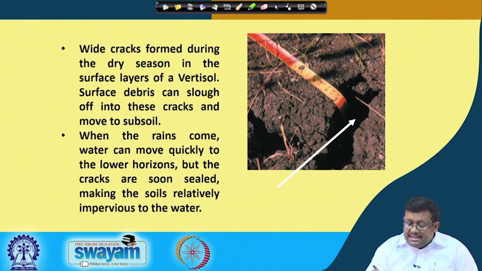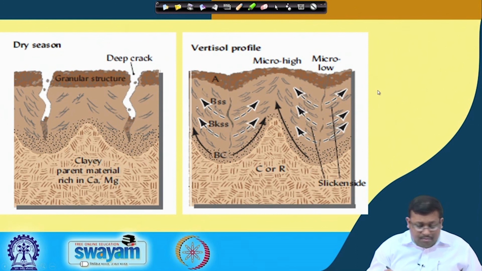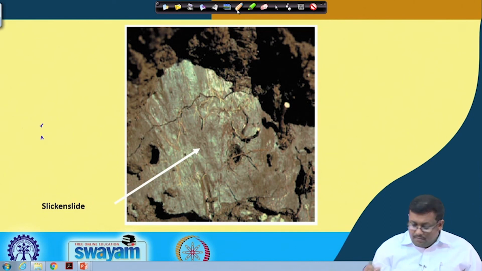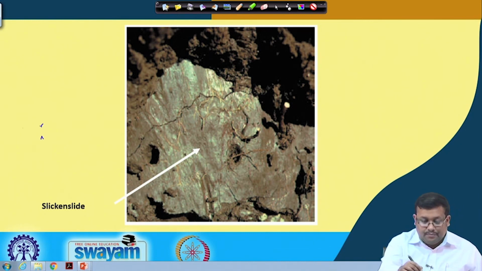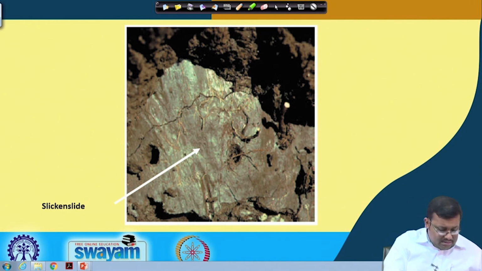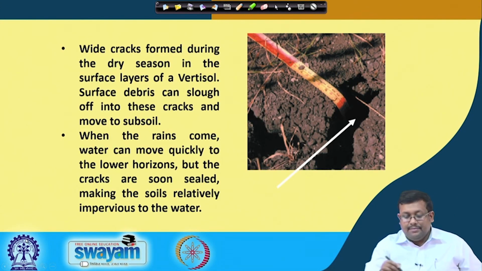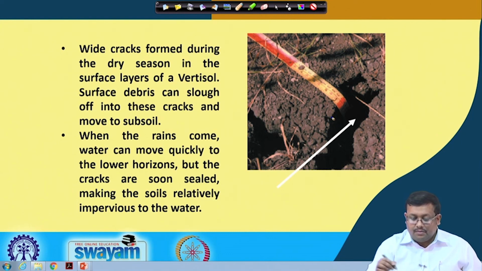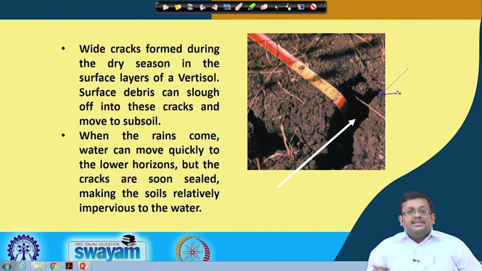In this type of soil, wide and deep cracks are formed, as you can see here, due to the dry season in the surface layer, and surface debris can slough off into these cracks and move to the subsurface soils.